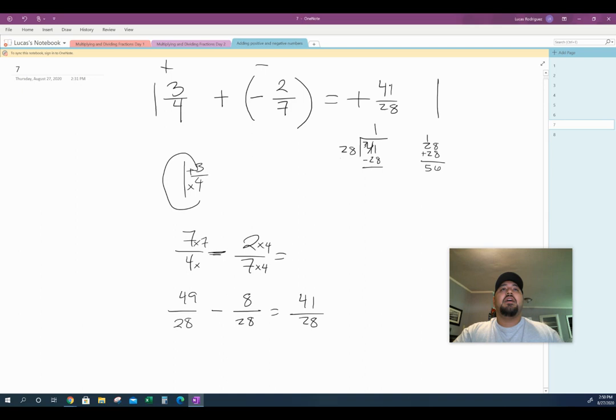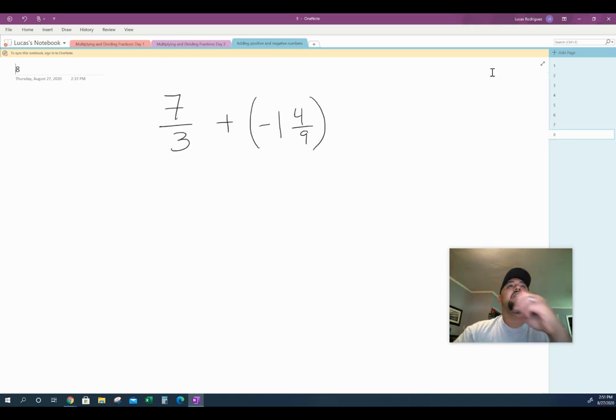So we're going to go to number 8. So far, I think these are pretty easy. It gets a little hard with the fractions, but that's why we're going over it. So I have 7/3. Ooh, so that's our positives, and these are our negatives. Improper fraction here.